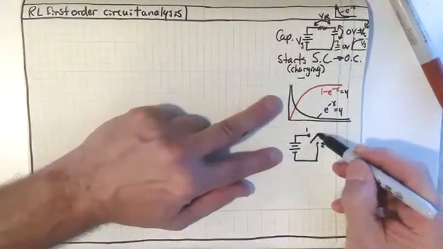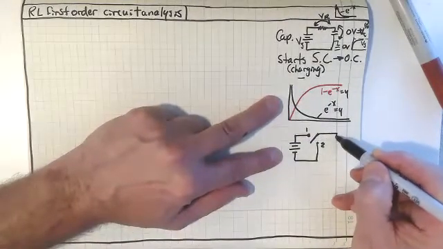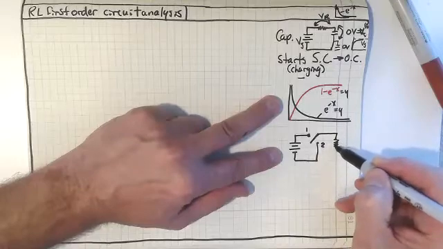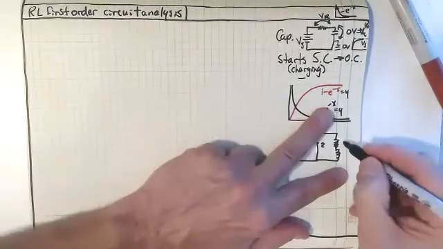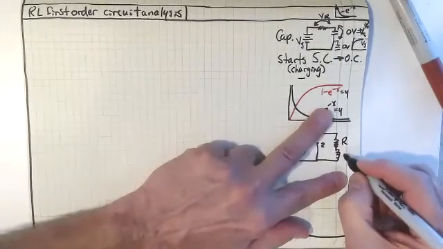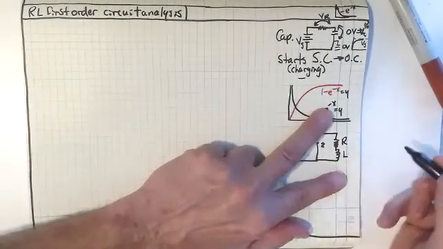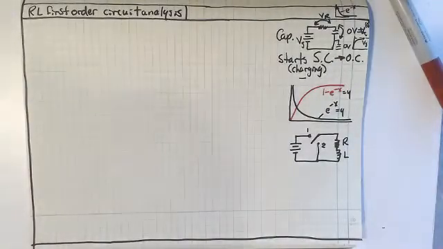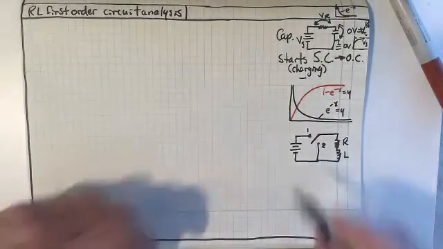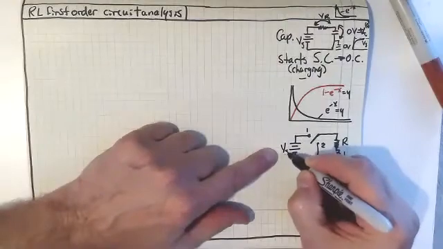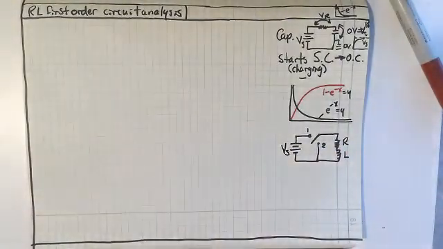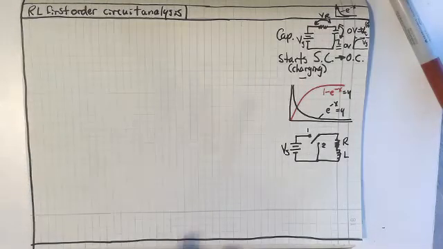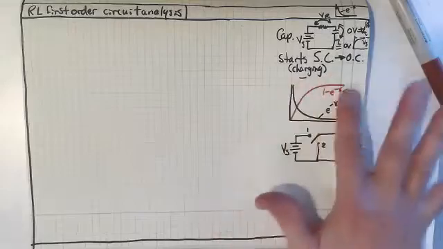That then goes through a resistor, just like it did the last time, and then an inductor. So we've got a resistor and an inductor in series, and then this is just going to be V sub S. And so when I charge an inductor, we're going to look instead at, like this is for our voltage.